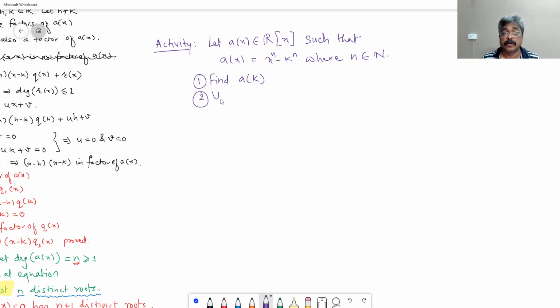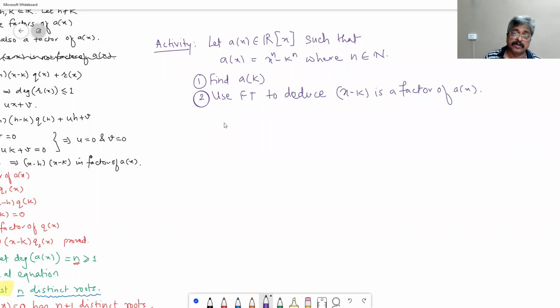Use the factor theorem to deduce that x minus k is a factor of a of x. Now I won't give you any time because this is very easy.